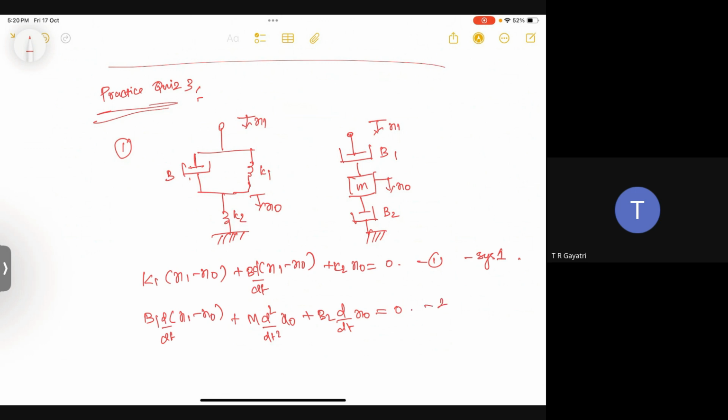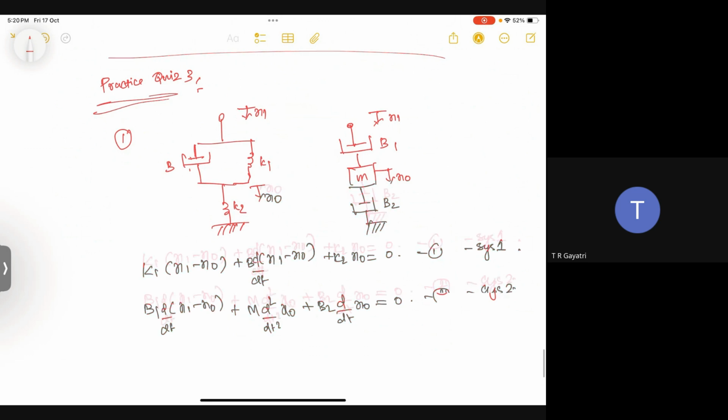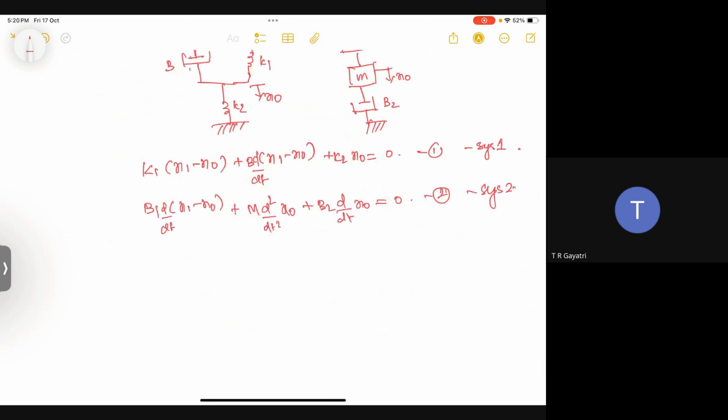So this is the second equation for system 2. That's it. You can take Laplace transform and write it in terms of x0 by x1 and find the correct options. If you get this right, you will get that right also. Consider 0 initial conditions.